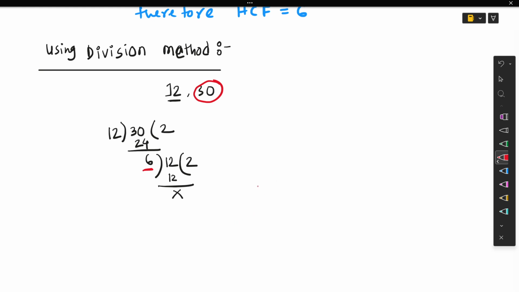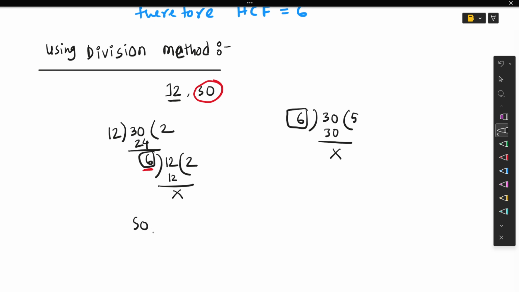You can see that here if you divide 30 with 6, it goes 5 times, and we have no remainder here. So what is the last value we have here? This is the last value here, 6.